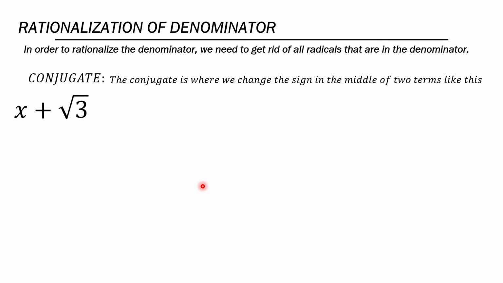Look. If we have x plus square root of 3, this is our denominator from earlier. The conjugate says to change the sign in the middle. Just copy, then change the sign in the middle. So, if we look for the conjugate of x plus square root of 3, you will have x minus square root of 3. Meaning this is the conjugate.